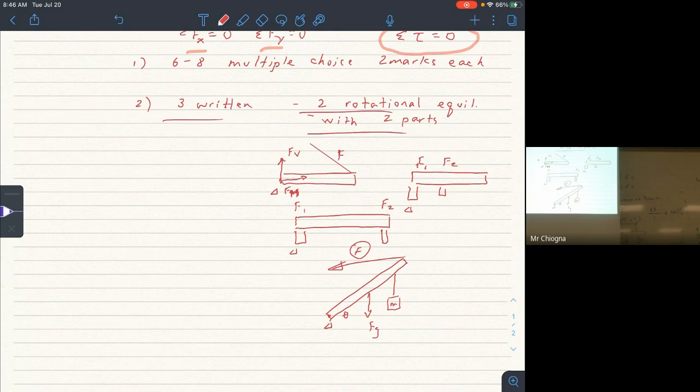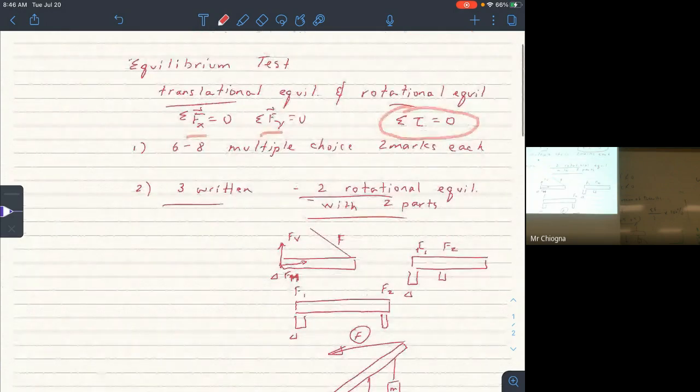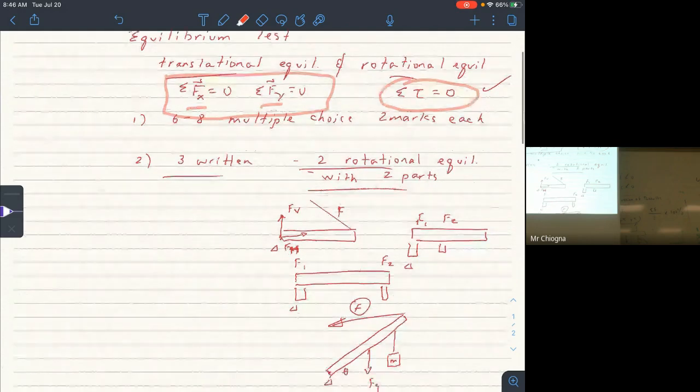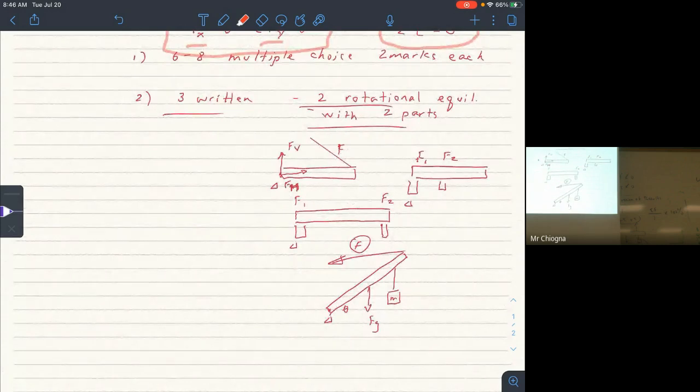The 2 harder questions are rotational, which will start off by using this. If there's a second part, you'll use both of these or one of these, the condition for translational. The third written will be translational.